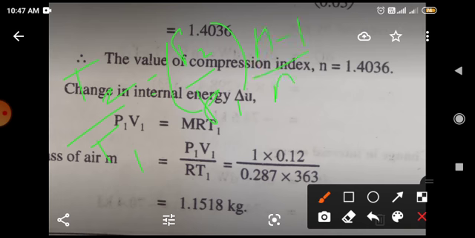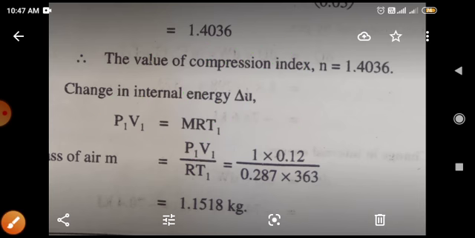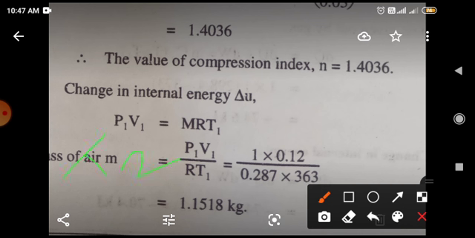Write down this formula for T2: T2 equals T1 into (P2 upon P1) raised to (n minus 1) upon n. So put all these values. We have T1, which was 363 Kelvin, P2 was 7, P1 was 1, and n was 1.40, so (1.40 minus 1) upon 1.40. Putting all these values, you will get T2 about 632.9 Kelvin.